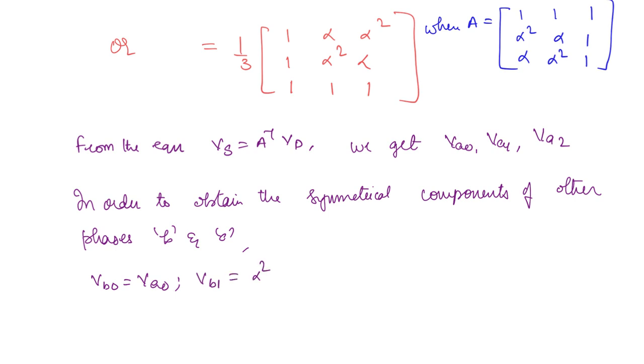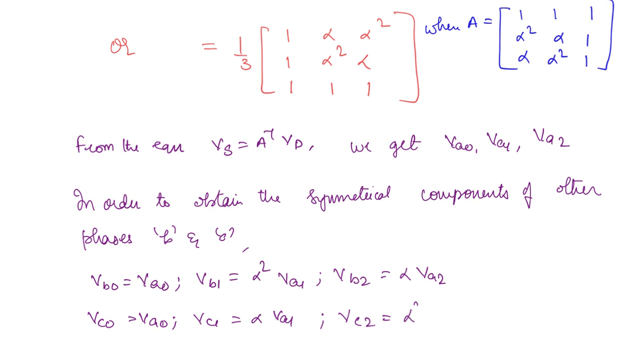This is going to be alpha square Va1, and Vb2 is alpha into Va2. Similarly, Vc0 is Va0, Vc1 is alpha Va1 and Vc2 is alpha square Va2. So this is how you can get the symmetrical components of all the three phases.